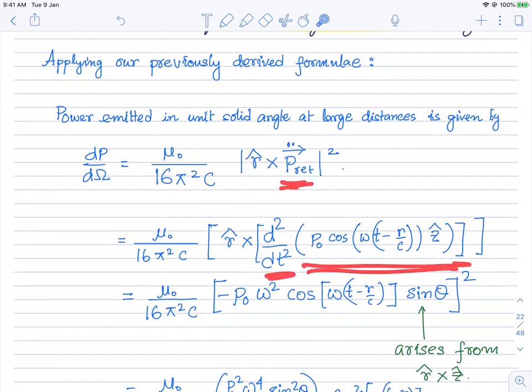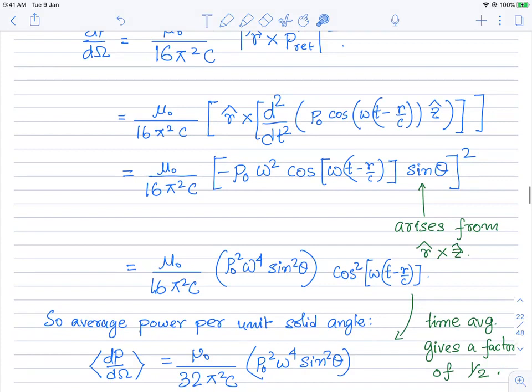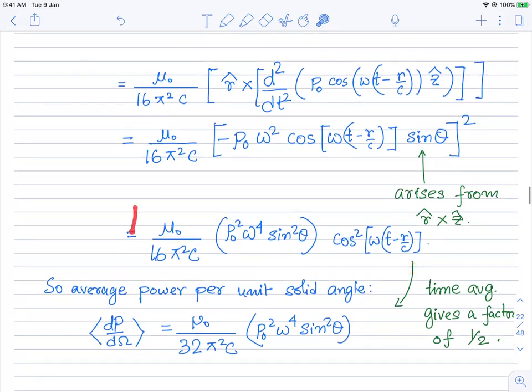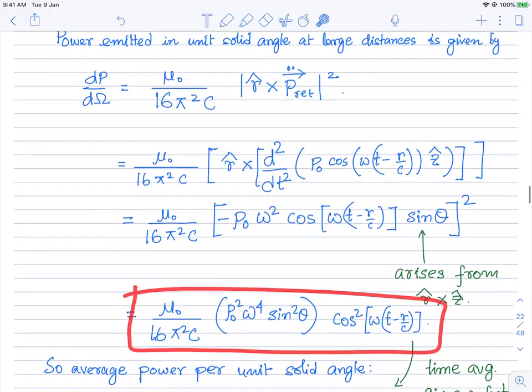Okay, because of the two time derivatives, we essentially get a factor of omega square here inside, and basically the r hat and the z direction gives me a sine theta. Okay, we are choosing the direction of the dipole to be the z direction so that we can get a sine theta here. And once we do that, then we have, of course, the cos square, the harmonic part becomes a square, and so this is the result. This is the result for dP d omega.